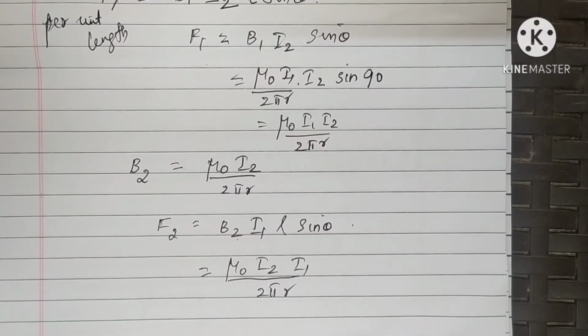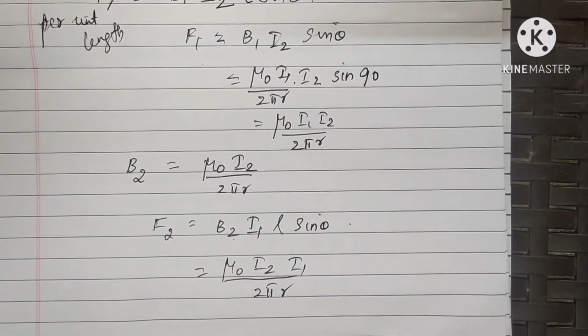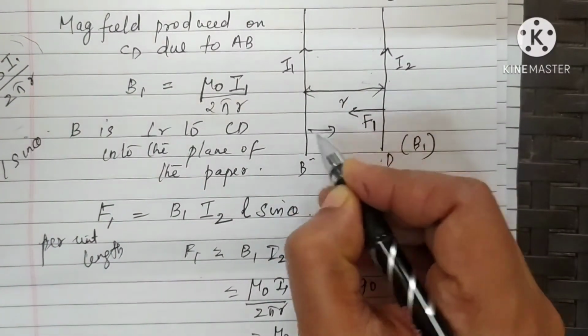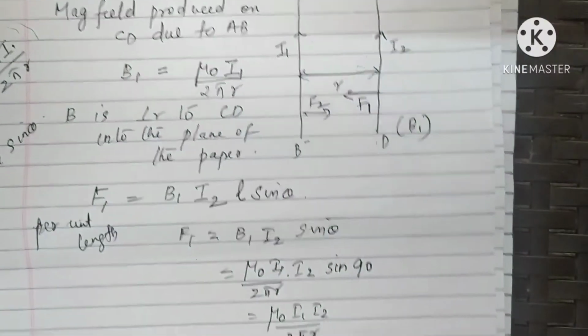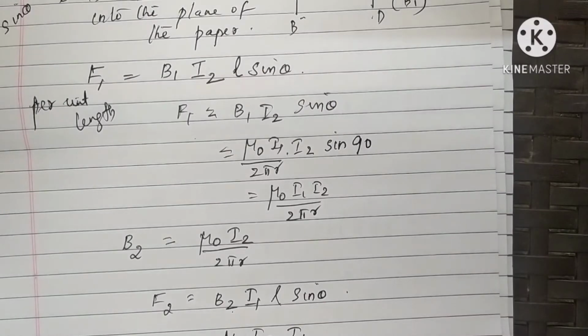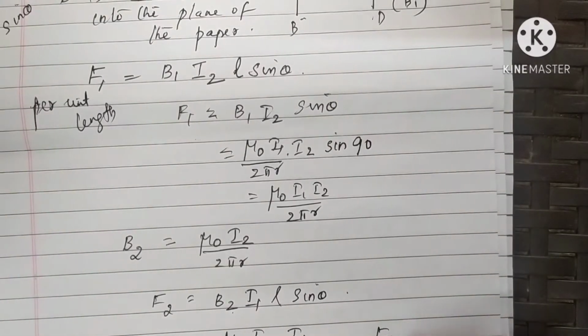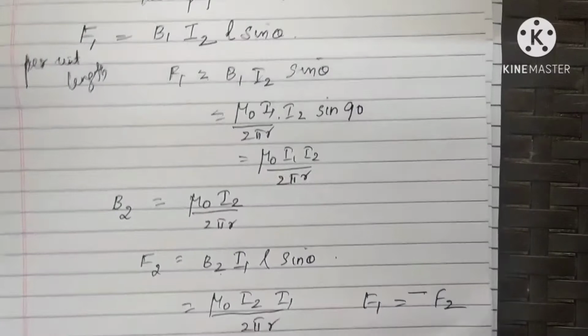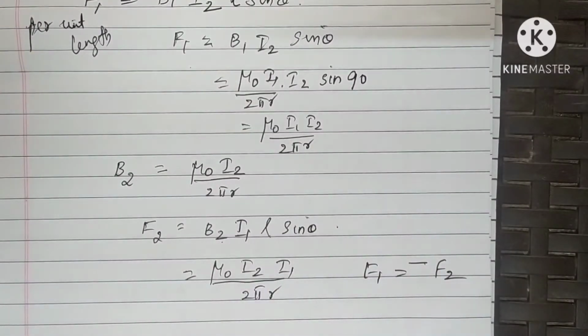And according to Fleming's left hand rule, you can see that the direction of force is actually in this direction. This is F2. Okay, so here F1 and F2 are in opposite directions, that is F1 is equal to minus F2. Thus you can see the two wires attract each other. That means if in two conductors the current is in the same direction, they will attract each other.